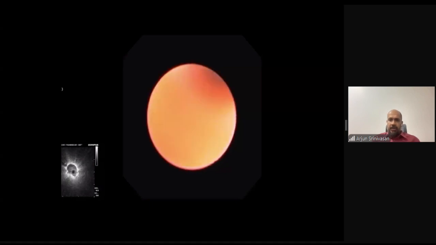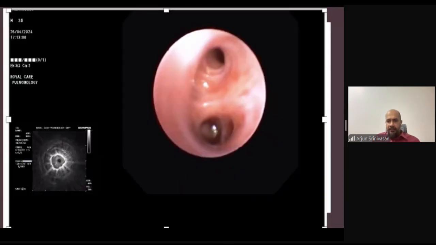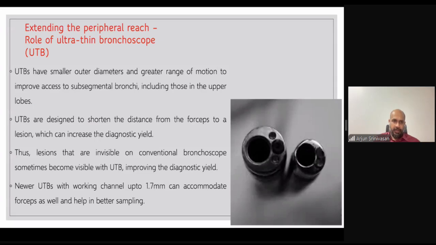So now biopsy is taken and it is consistent with the neuroendocrine tumor or an atypical carcinoid. And if you look closely, you are actually able to see the endobronchial infiltration. This is again possible only because you are using an ultra thin bronchoscope and you're able to convert a peripheral lesion into an endobronchial biopsy.